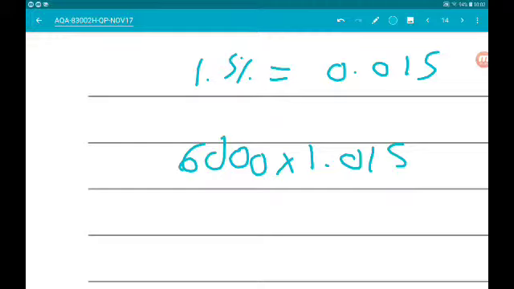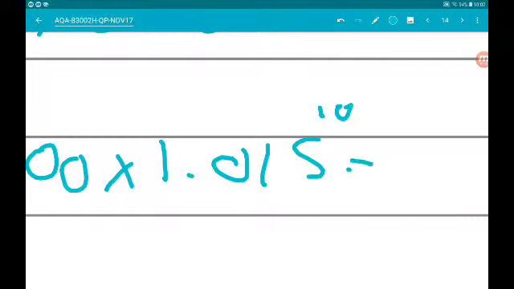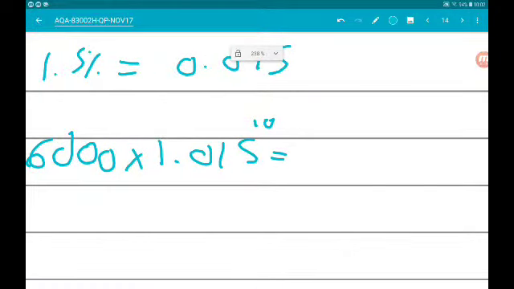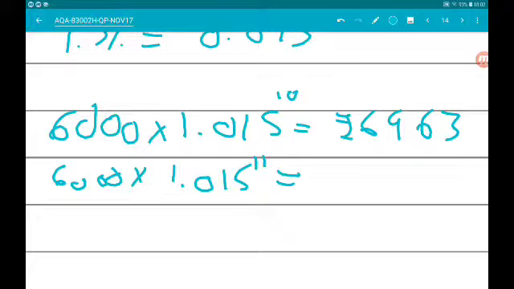So the first one that I tried was 10. It seemed sensible. So if we went to the power of 10, he's going to have 6,963. So it was quite a good guess because that's getting very close. So then I tried 11. So 6,000 times 1.015 to the power of 11 was 7,067.